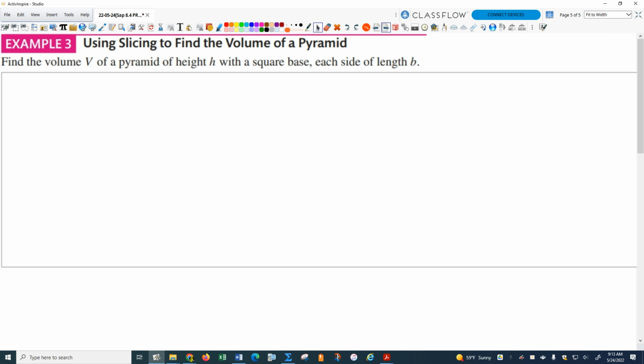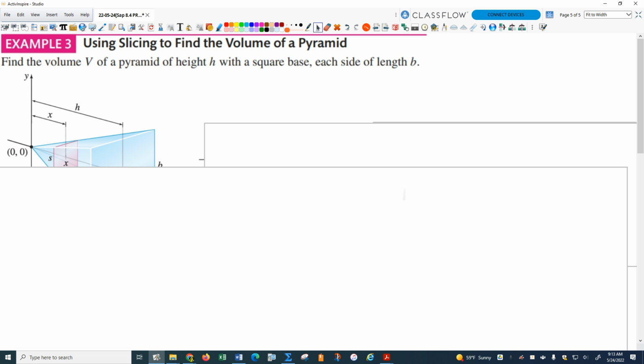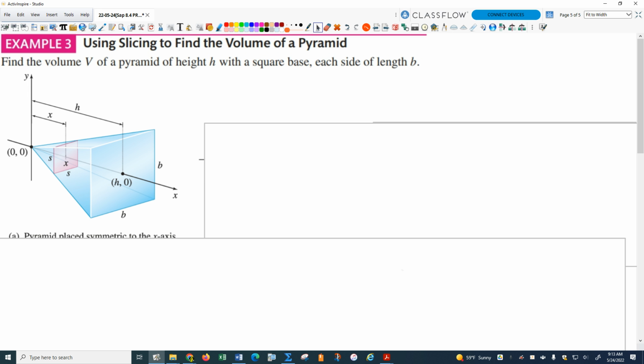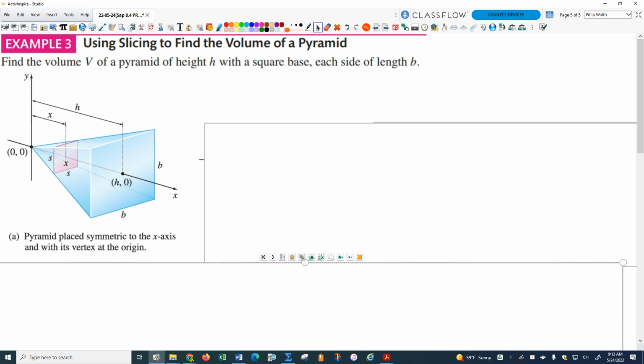Find the volume of a pyramid of height h with a square base, each side of length b. Okay? So that's what we're looking at, right? Again, does it matter? In this case, the x-axis goes right through the center of each square.